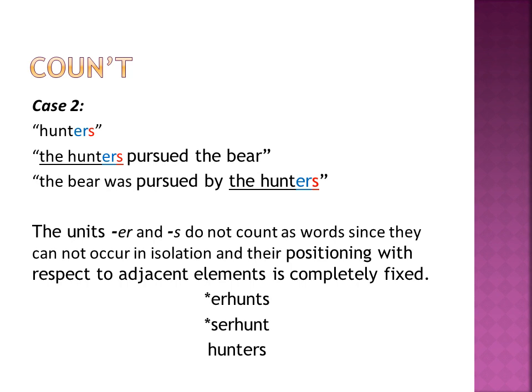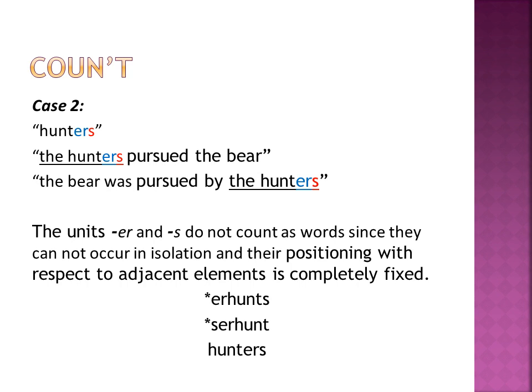Let's see the word hunters. I have three colors here. Hunters. The hunters pursued the bear. This is the example. The bear was pursued by the hunters. Okay, let's see the explanation.